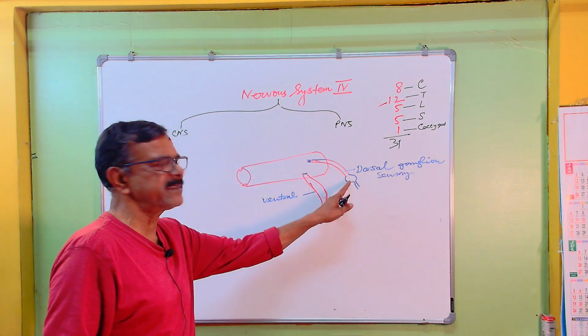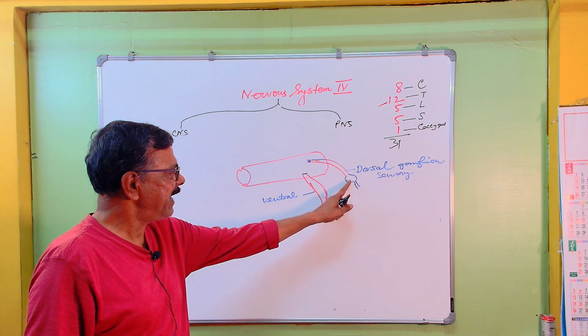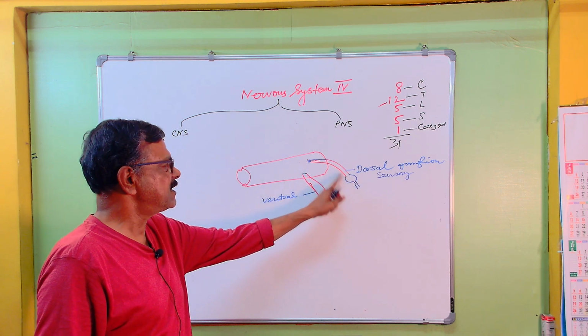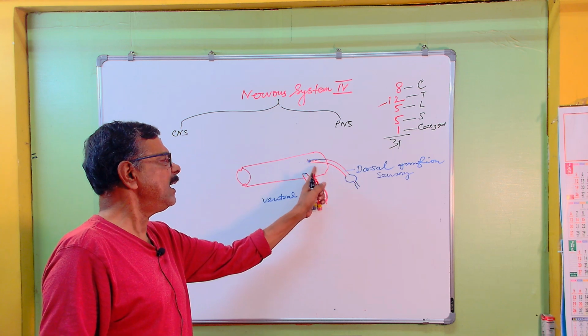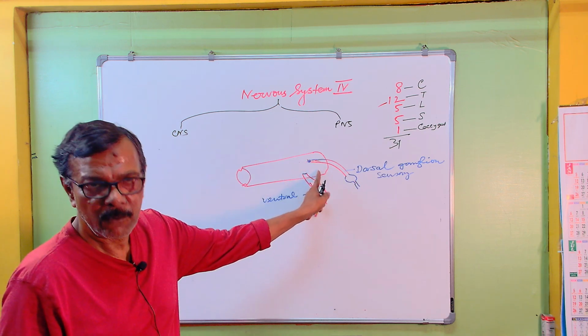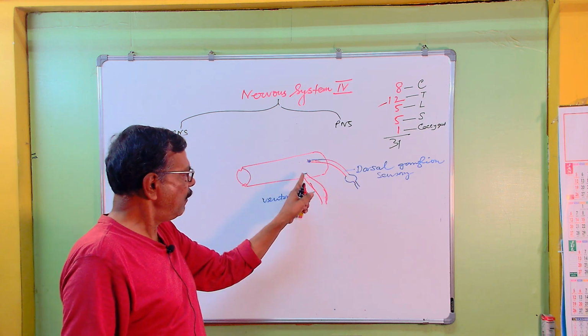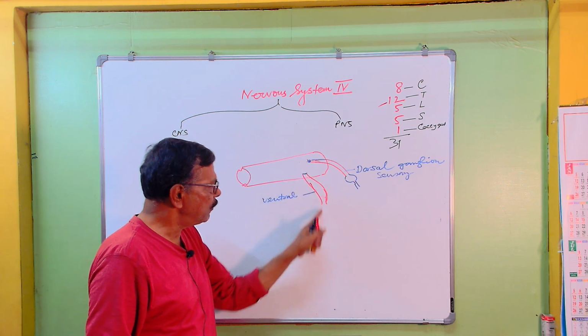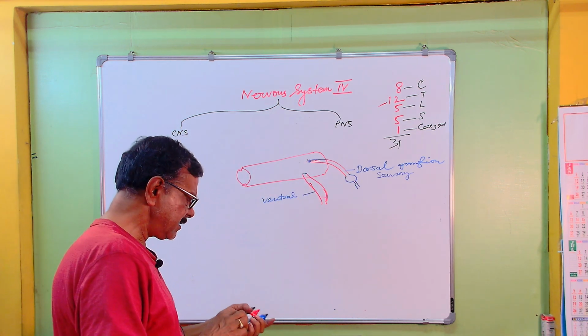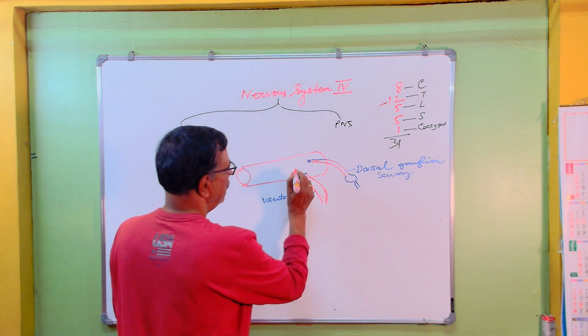The cell body of this sensory neuron is outside the spinal cord. Clear?